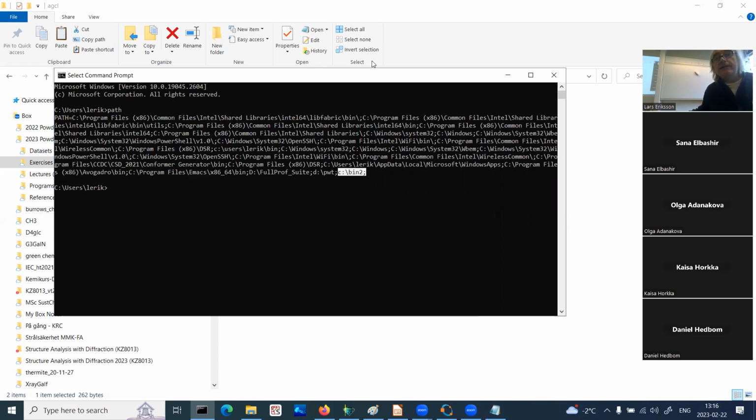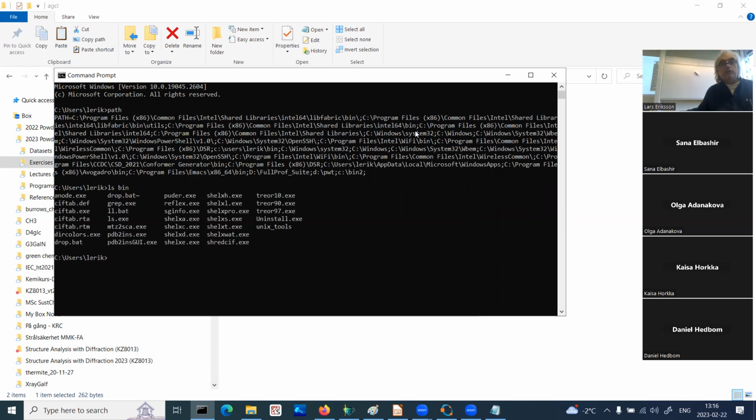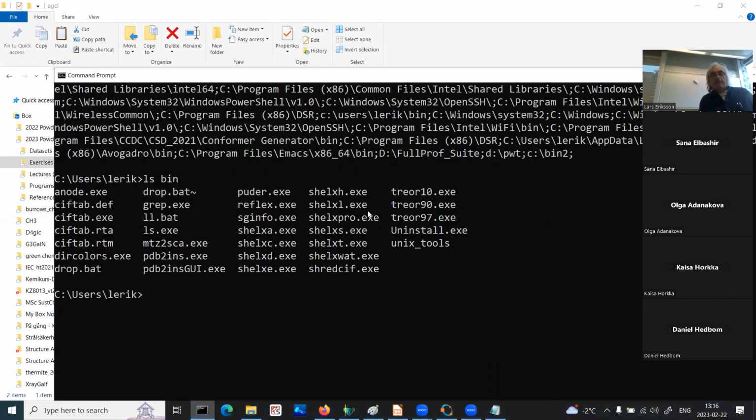So, well, then in this bin directory, you put all. This is very small character. You put all your programs that you would like to have accessible, for example, Treor 90.exe or something like that.